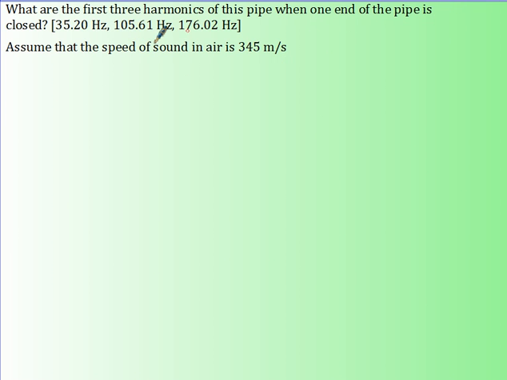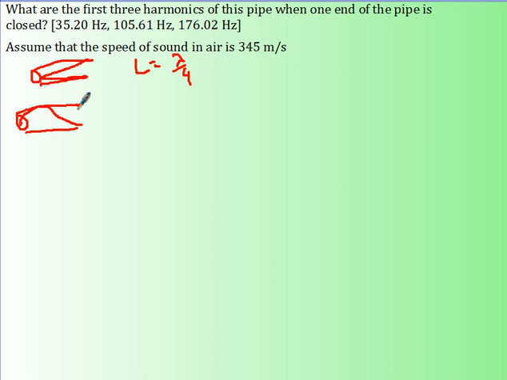Now, what if it was closed? All right, tell you what, let's go back to our equation. Suppose it's closed. The fundamental, L is lambda over 4. If I'm at my second harmonic, I truly don't keep this memorized for folks.